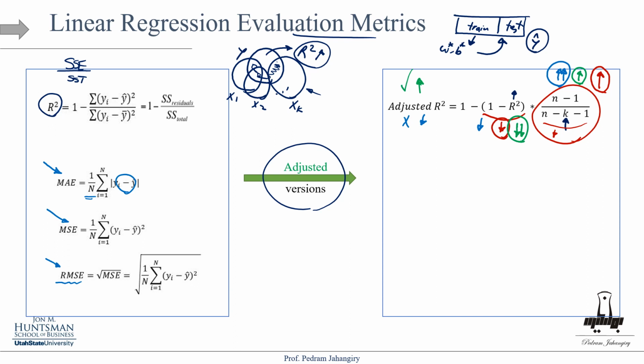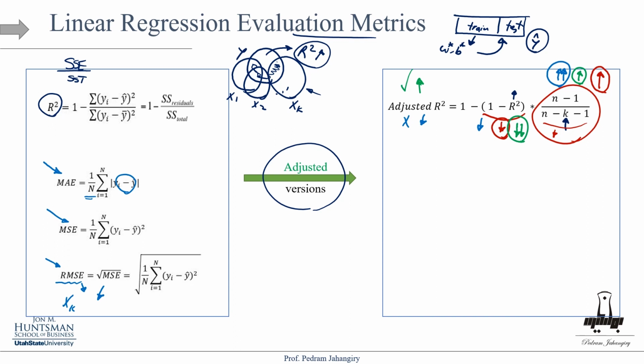Then we can think of the adjusted version because we have the same problem here. Here we know that if I add some random explanatory variable, some random feature to the model, let's say xk, then RMSE is basically going to decrease no matter what.